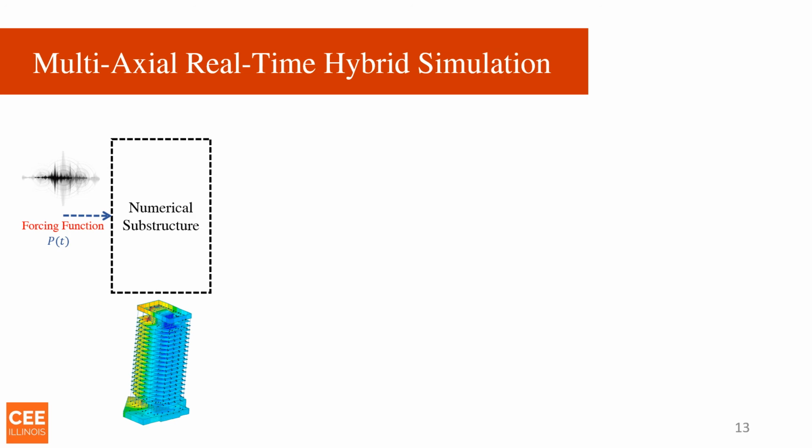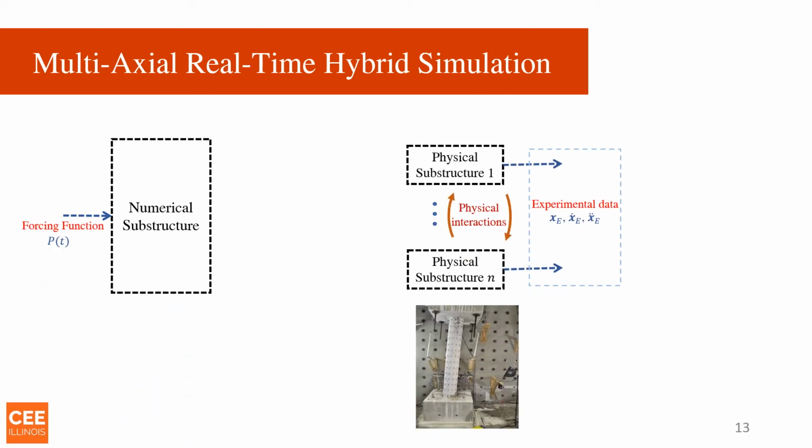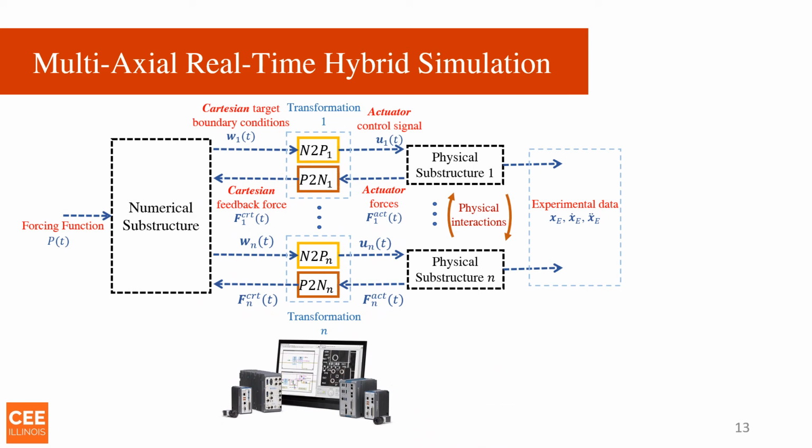To tackle this problem, I introduced my multi-axial real-time hybrid simulation framework. Here we have some excitation force entering our numerical substructure. There are one or more physical substructures which could be interacting potentially. There are transformation layers between the physical and the numerical substructures which ensure accurate calculations, execution of the boundary conditions, and return of the actuator forces back to the numerical substructure.